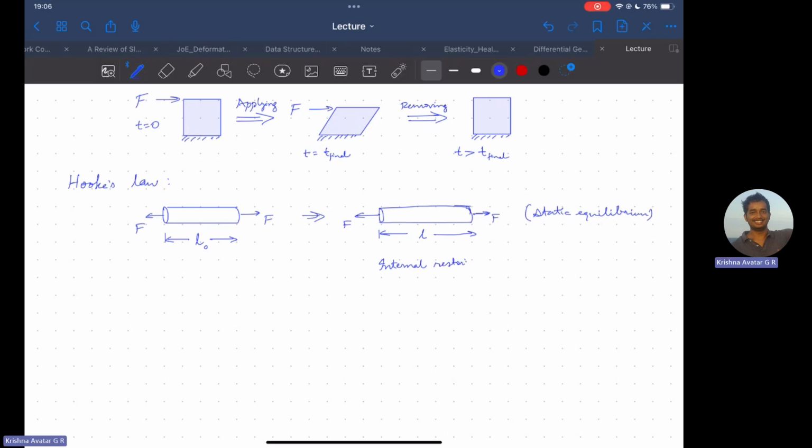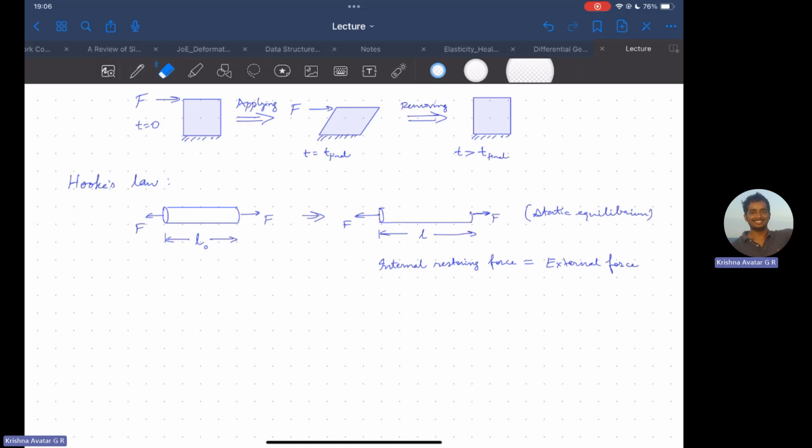And in this situation, the internal restoring force is equal to the external force. That's what we call static equilibrium. So in this case, even if you keep pulling with force F after some time, the body does not stretch anymore.